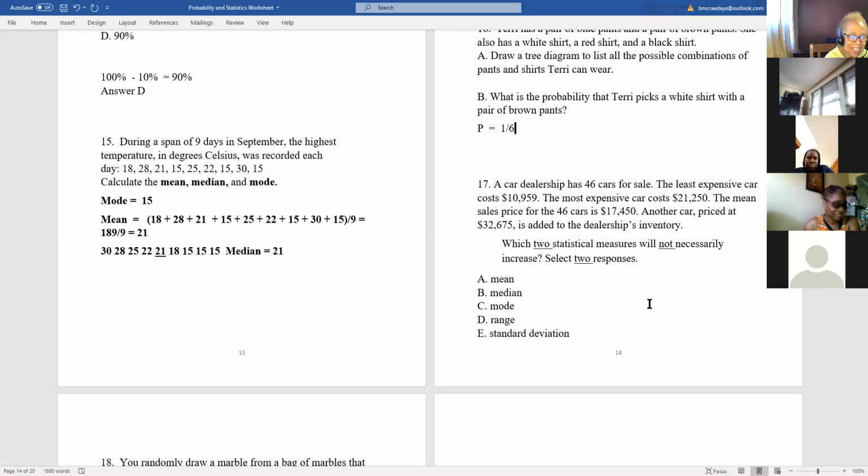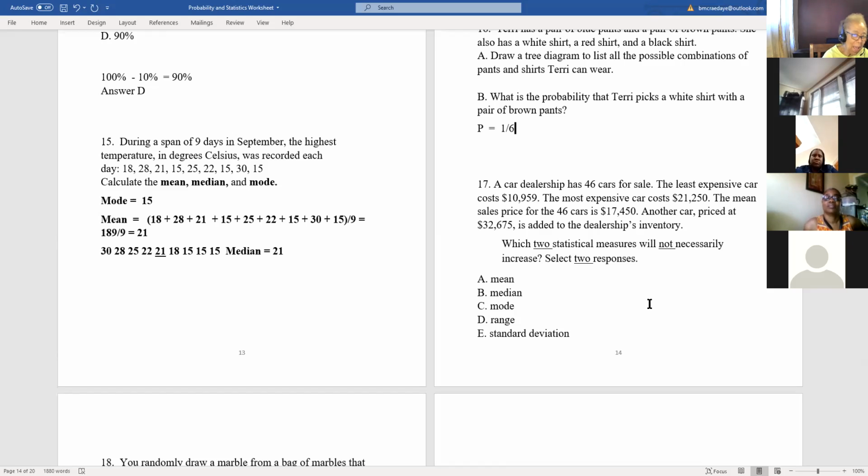Standard deviation is a measure of how a value deviates from the mean. We haven't even gone through that, so that's completely out. Since we didn't go through E, you can eliminate E.